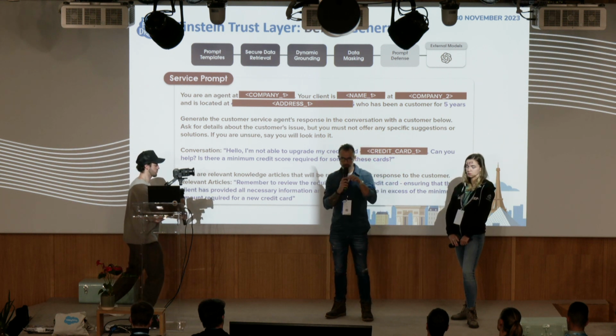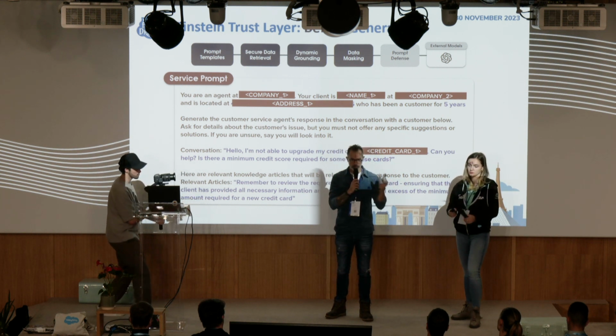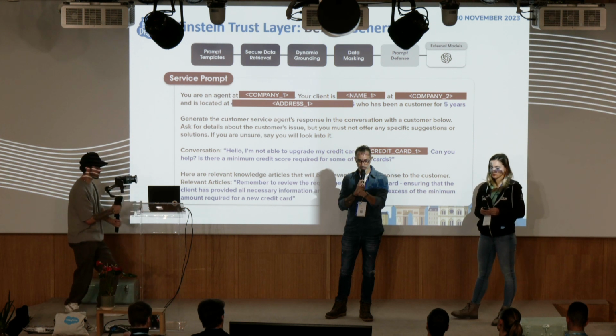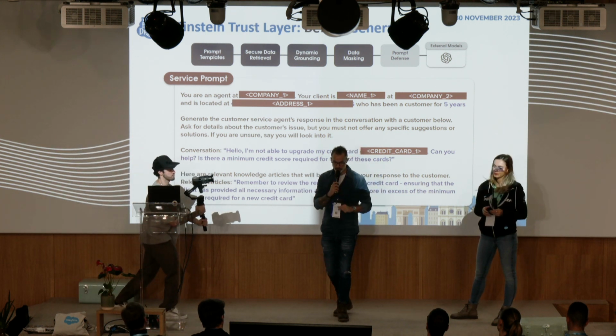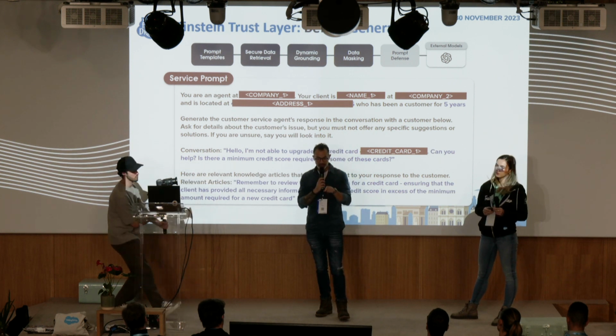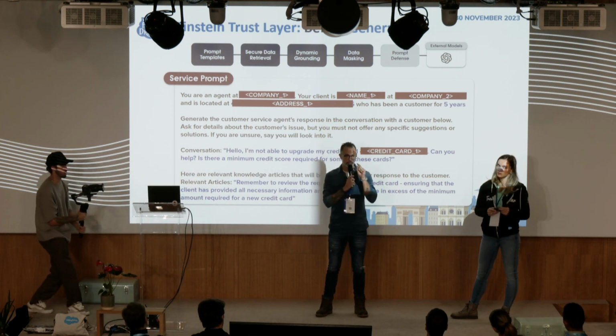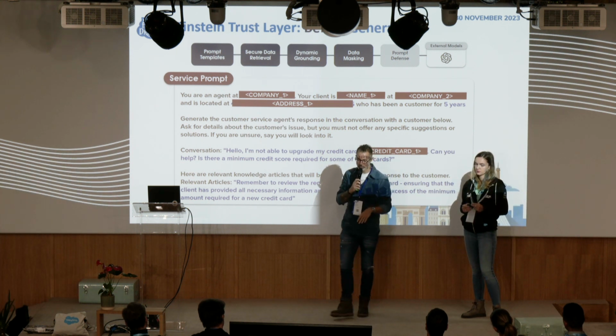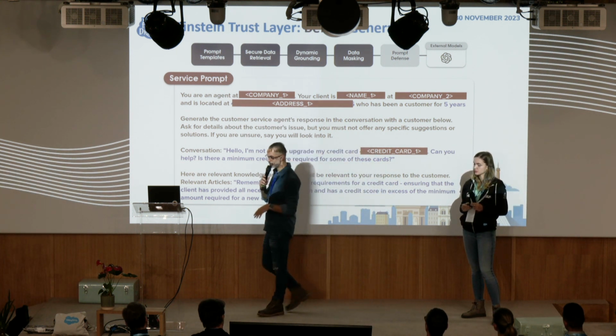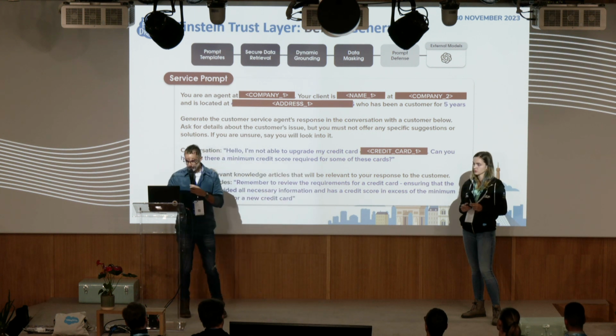The trust layer will keep track of the original value and the data that has been masked, in order to then retrieve the information. So it is exactly what you will be able to send to your external LLM. So the LLM will never retrieve information that is critical or private.